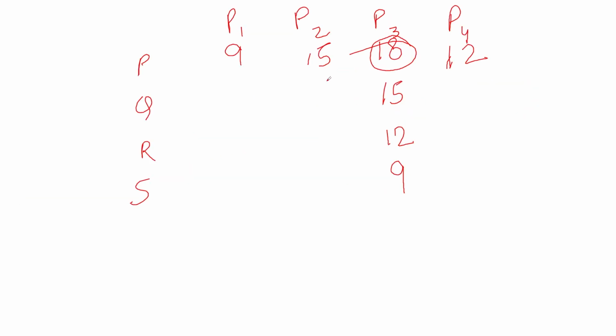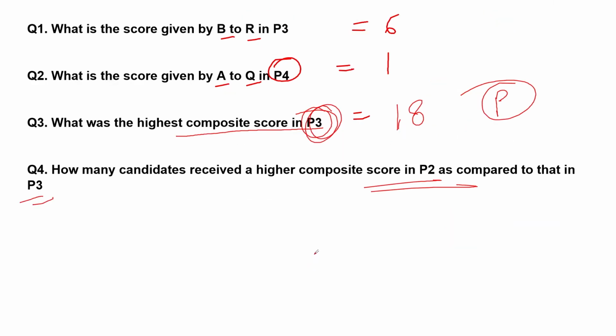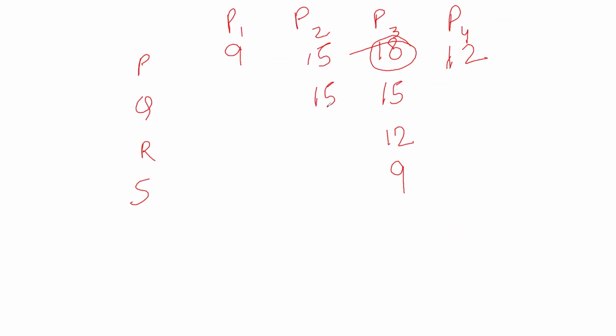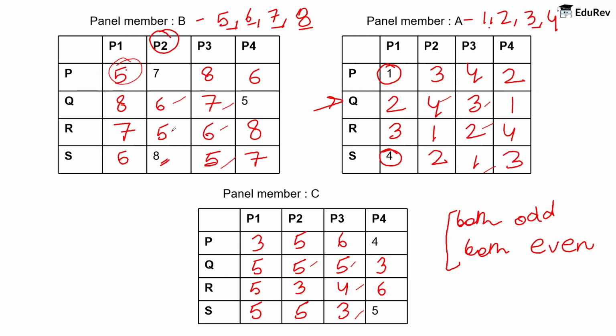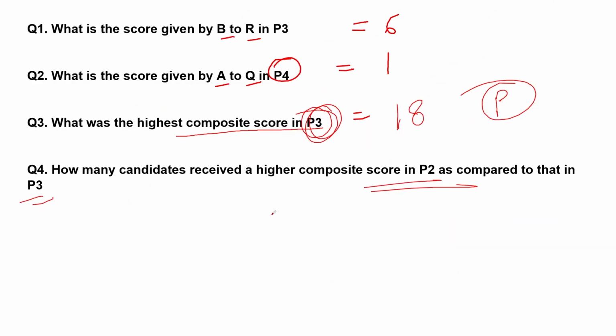So let's now do the same exercise for P2. So for Q, the total score in P2 will be 6 plus 4, 10 plus 5, 15. So this will be 15. For R, this will be 5 plus 1, 6 plus 3, 9. So this will be 9.